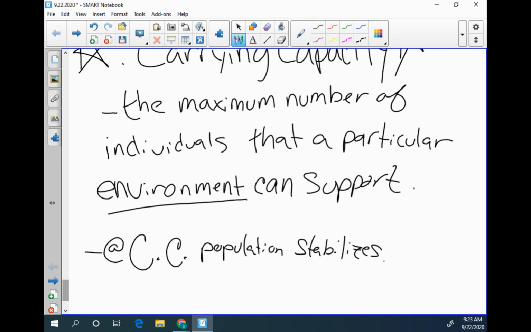We'll talk a little bit about how a population can reach carrying capacity, how it can kind of flirt with that line a little bit, how that can fluctuate.